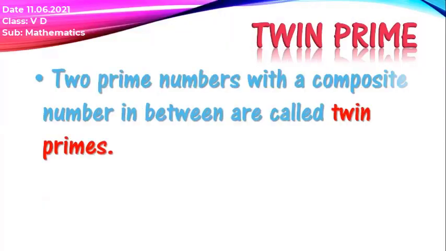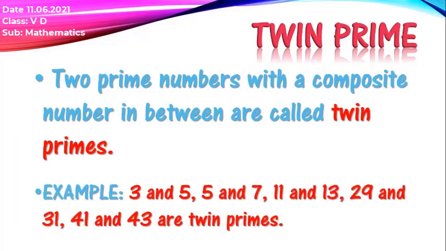Now let's move forward and try to understand twin prime. Two prime numbers with a composite number in between are called twin primes. For example, 3 and 5. As 3 is a prime number, 5 is a prime number, in between 4 comes, and 4 is a composite number.